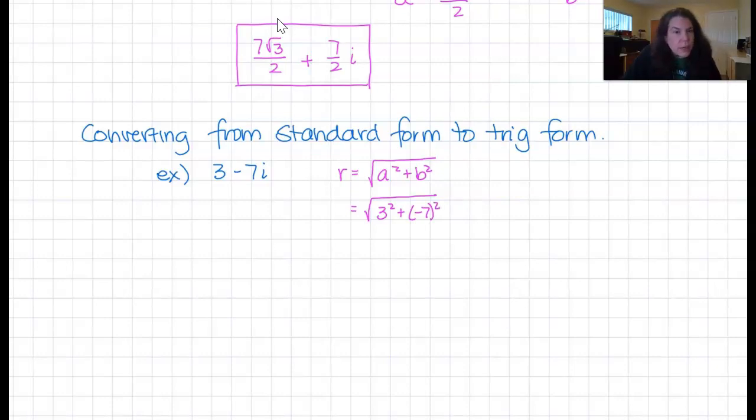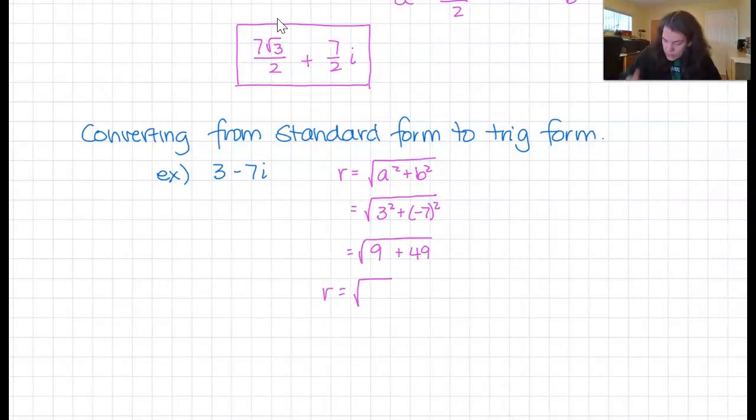Note that r is the absolute value of a complex number. Keep that in mind for future videos. But anyway, 3 squared is 9, negative 7 squared is 49. Add them together, and r is the square root of 58, which won't simplify. I keep picking things that don't simplify, dang it. All right, so we got that.